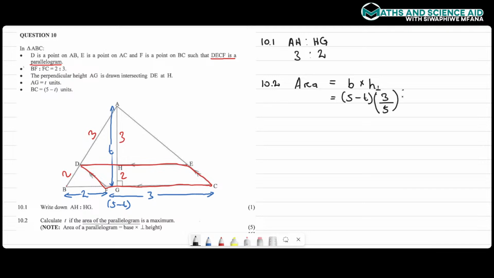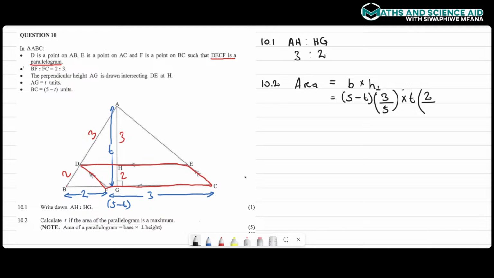And then we must multiply by the perpendicular height. The perpendicular height is HG, as you can see. So what is HG going to be equal to here? Again, we know that the full length of AG is T. So we'll multiply by T, and then using our ratio, we'll work out what HG is in terms of T. As you can see on the ratio, the part HG corresponds to 2, and then we'll divide this by 3 plus 2.